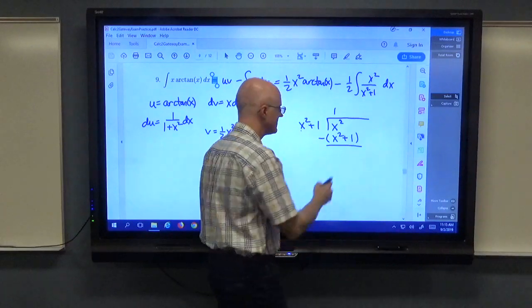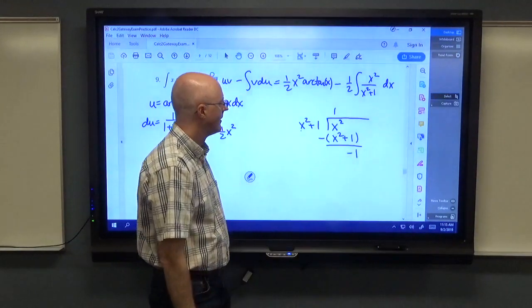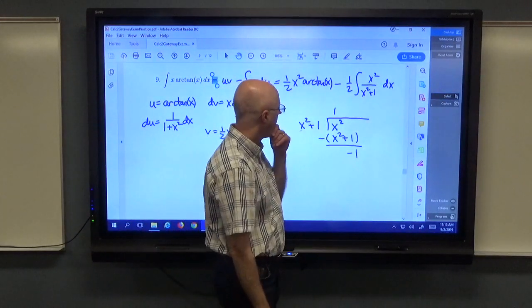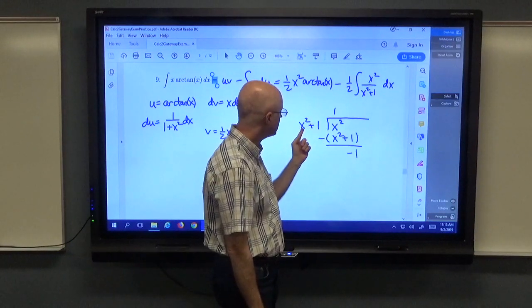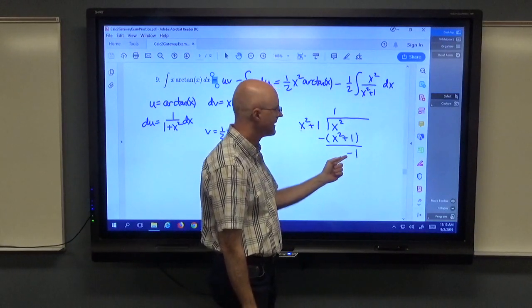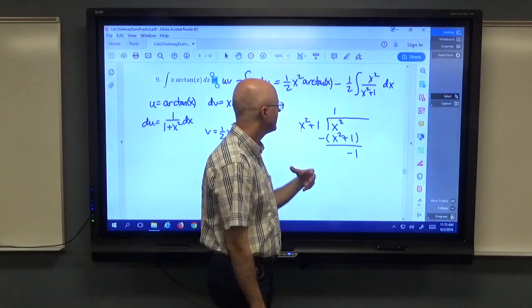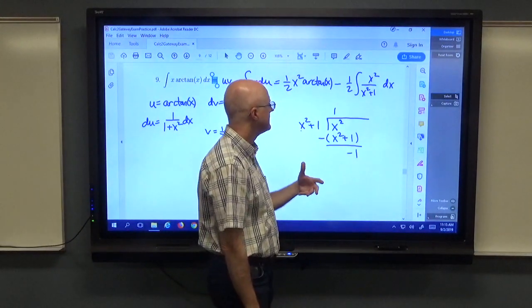The x squareds cancel. 0 minus 1 is -1. Once you're to the point where you can no longer say, what do I need to multiply x squared by to get this, and still get an expression that is x to the 0 power or higher, you're done.